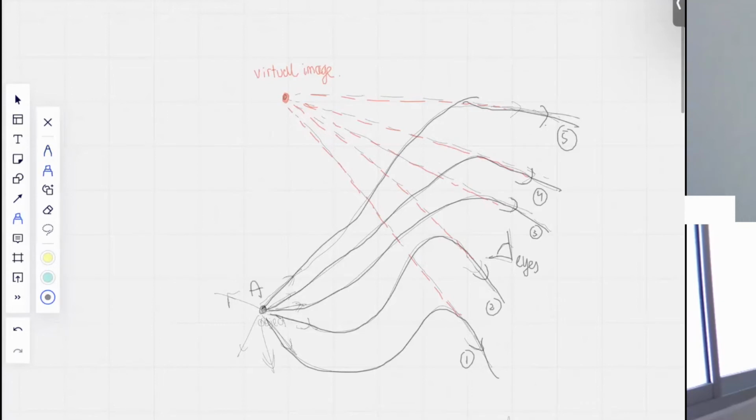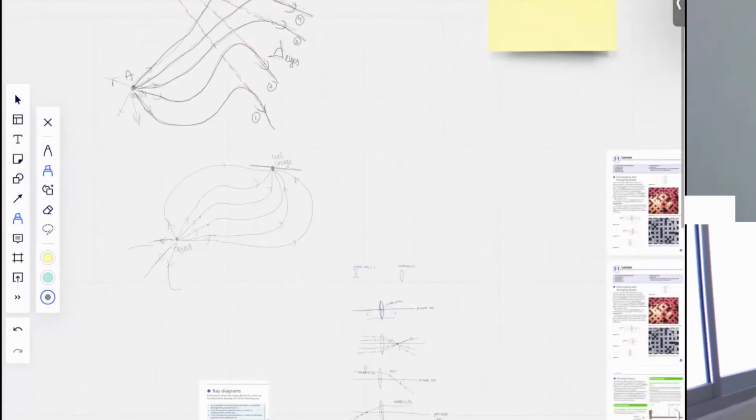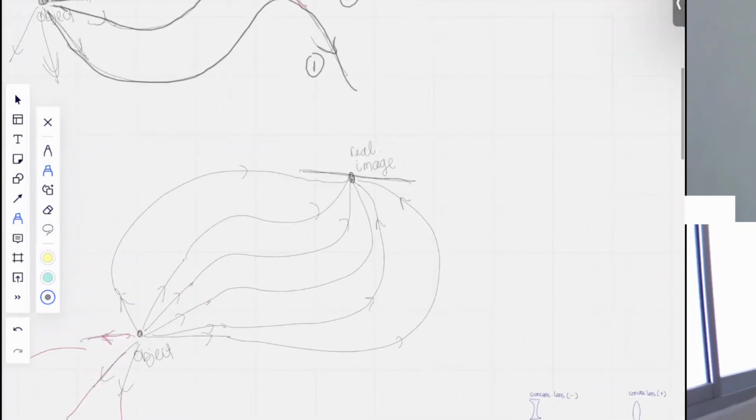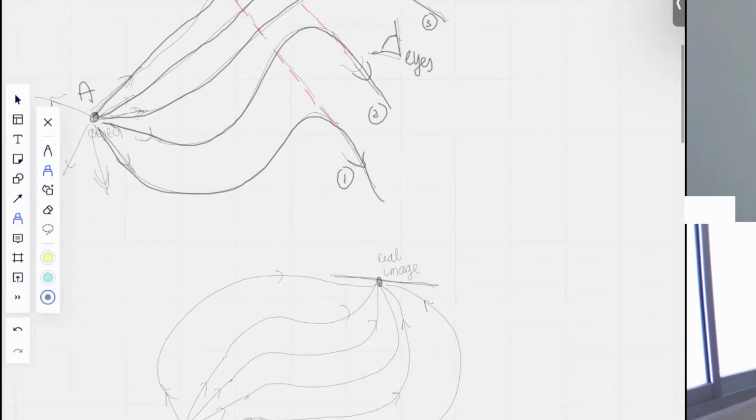This is point A, this is A prime. And A prime is called virtual image. You understand? Yeah. Is similar to real image, but is you pull it backwards. You draw dotted line backwards. Yeah. Then you get virtual image. Real image is from the thing itself. Yeah. Okay.